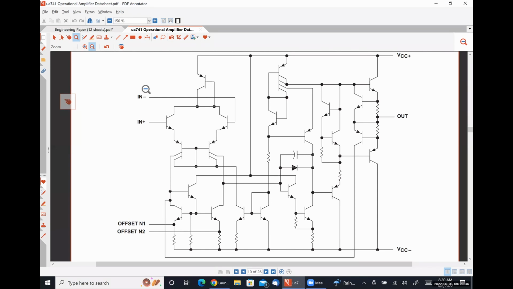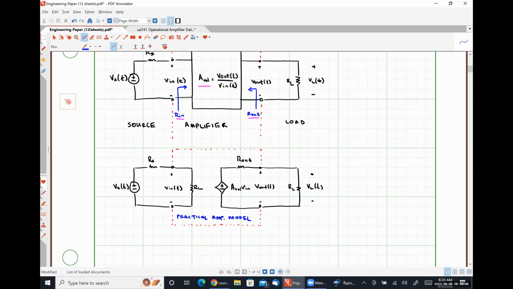In minus, which is for our inverting input, and in plus, which is for our non-inverting input. The model that we've developed here only has a single input. So we're going to have to make a very slight modification to take into account that an op amp is what's called a differential amplifier.